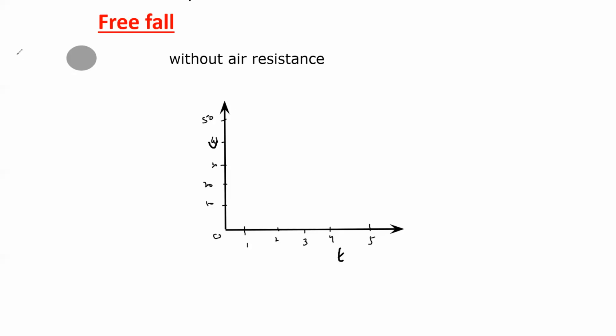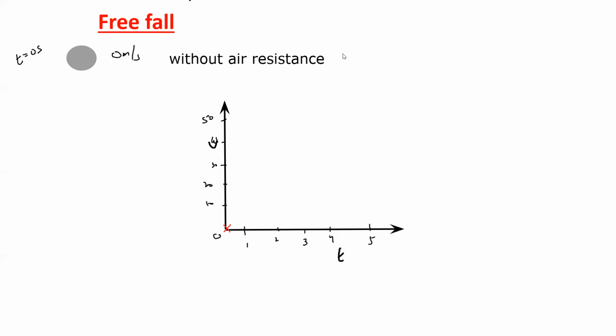So this object is dropped, say the time initially is 0 and it is at rest, so 0 meter per second. So when we plot the graph, the first point will be 0, 0, the origin.